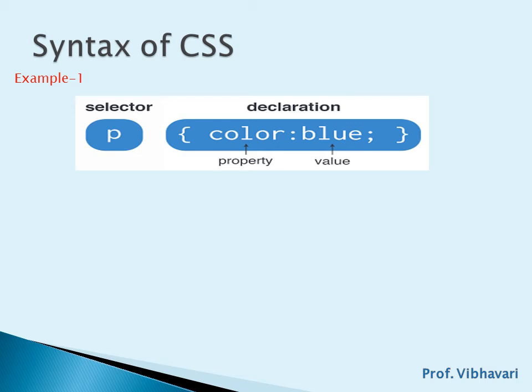So on the statement inside that P tag, the P tag open and close, I just need to apply this property and its value. So for that purpose you need to set the property and the value, and this combination is known as the declaration of your selector.